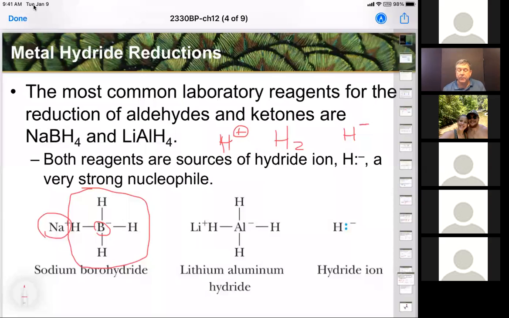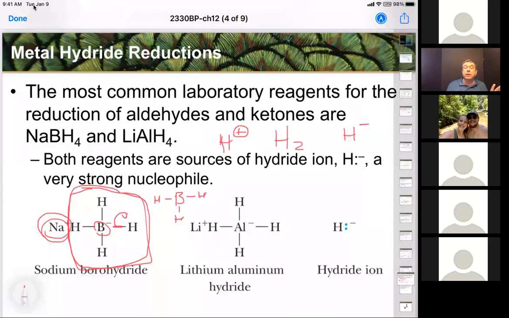We know the hydrogen attached has a negative charge because boron normally wants to have 3 bonds. Neutral boron with hydrogen on it would look like this. But by adding that next bond, both of these electrons come from the hydrogen, giving us our net negative charge and a counterbalancing metal.